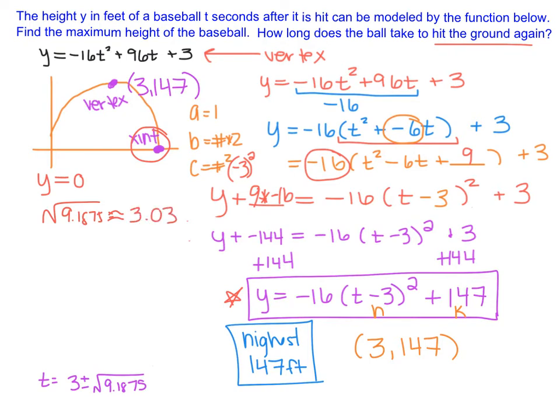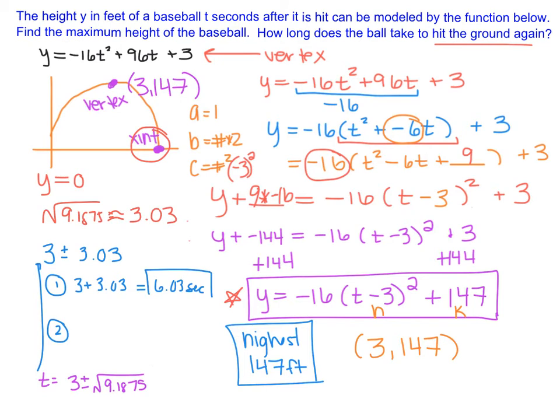3.03. So here I'm going to take this value, and I have 3 is my time, 3 plus or minus essentially 3.03. If I look at each situation, the first situation is the plus, the second situation is the minus. So I have 3 plus 3.03, which tells me it's about 6.03 seconds that ball is in the air.